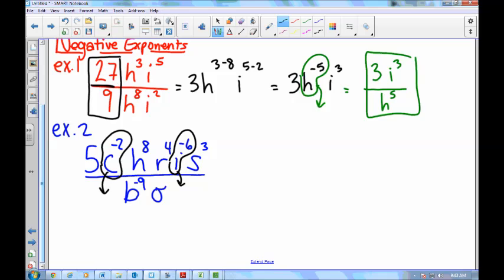Yeah, so you can also move up. So if it starts in the denominator and it's negative, to make it positive, you move it up. Same rules apply. Okay, so I'm going to write what's left. The b is going to move up, so b to the positive 9, h to the 8, r to the 4th, s to the 3rd.